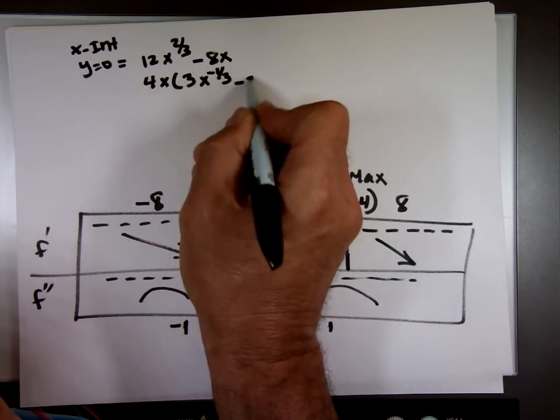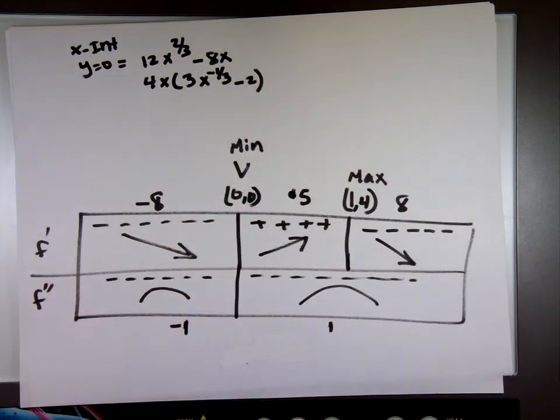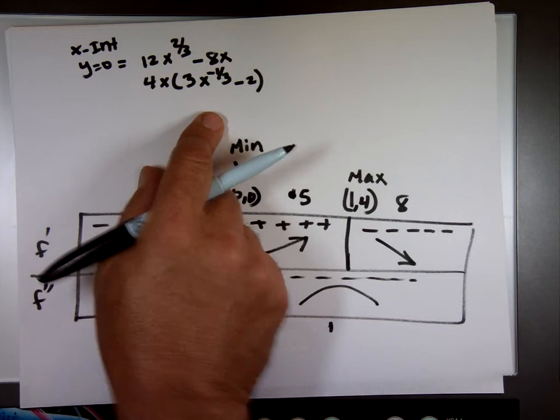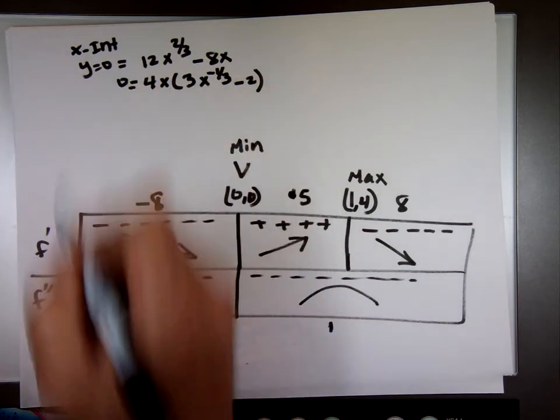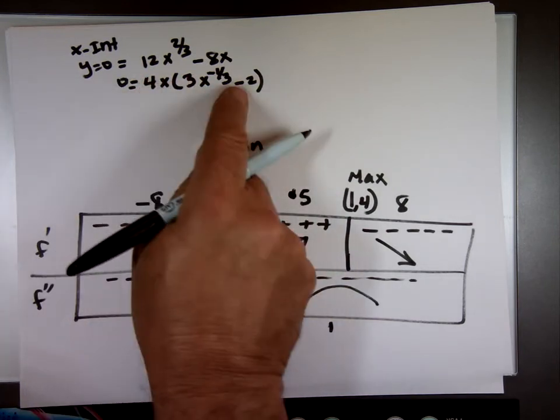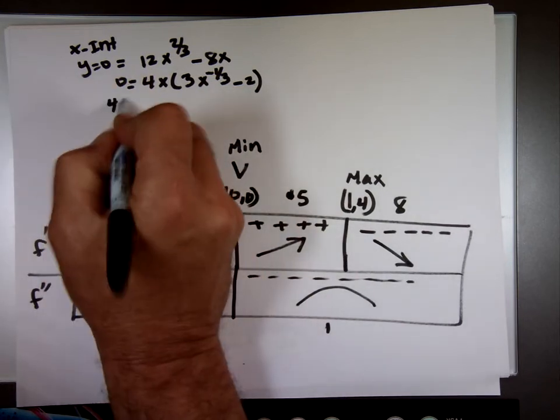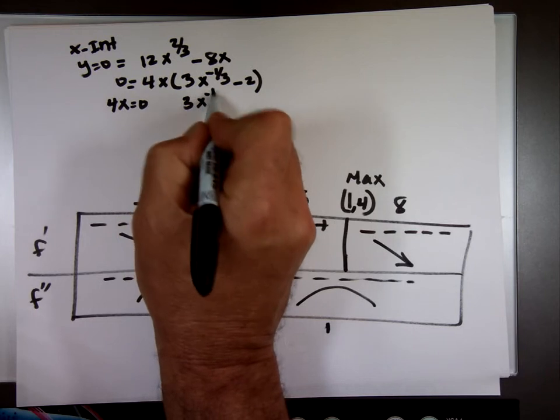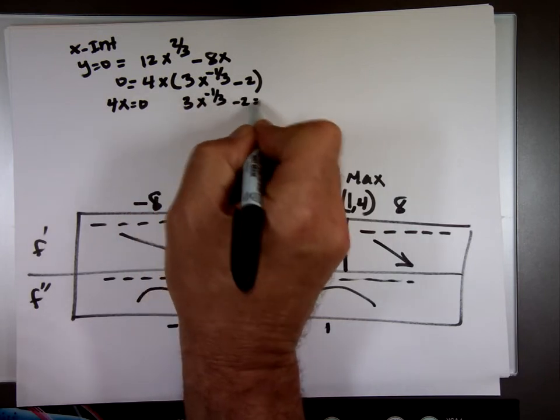What's x times x to the minus 1/3? x to the 2/3. So you set that equal to 0. You're multiplying two things and your answer is 0, so one of them has to be 0. This one, x equals 0.